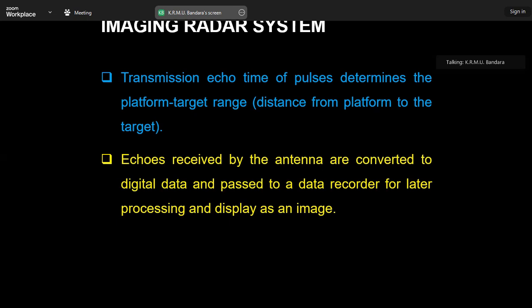Like this, according to the radiometric resolution of the image, they are converted from 100% to the highest number of the radiometric resolution. 0 is 0. Like this, the echoes received by the antenna are converted to digital data and converted as an image.